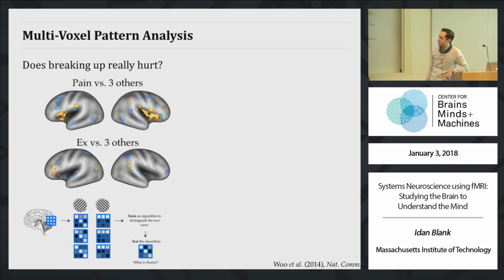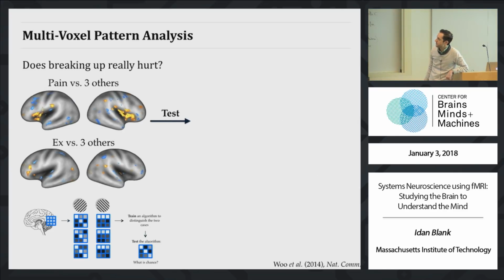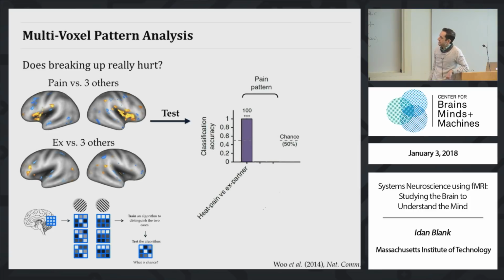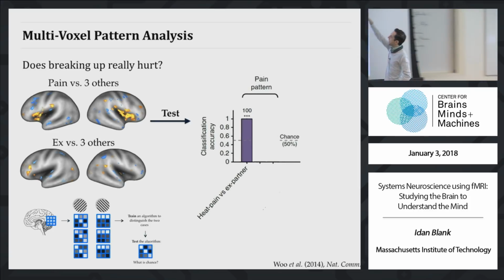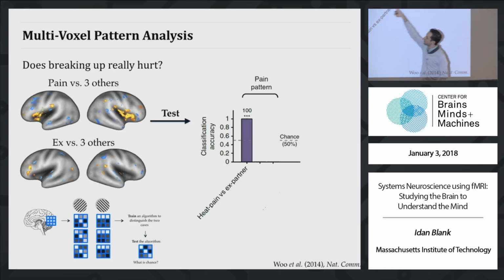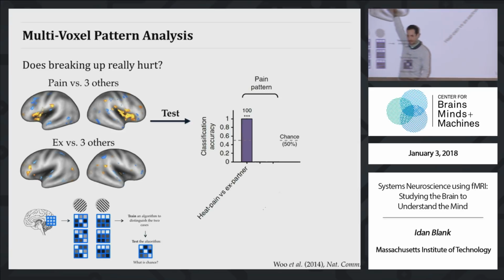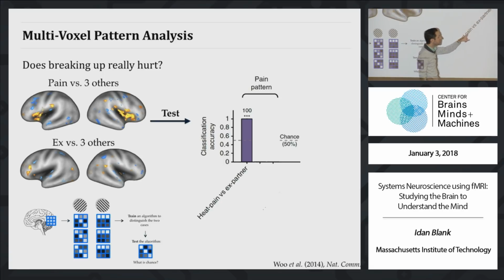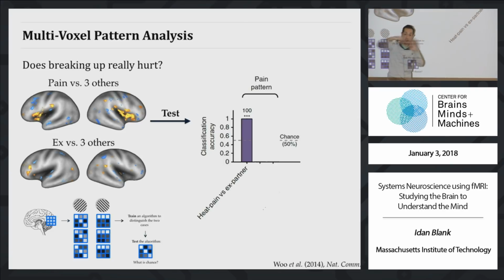And now they did the testing, and this is the cool part. The first thing they did is they looked at the regions that they identified with the pain versus everything else. So these are regions that we know differentiate between pain and other conditions. But now they ask, can we distinguish pain specifically from X? We know that we can distinguish in those regions pain from everything else.